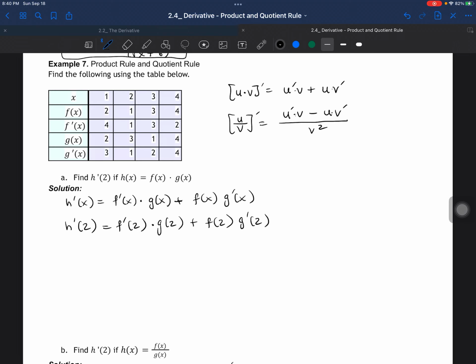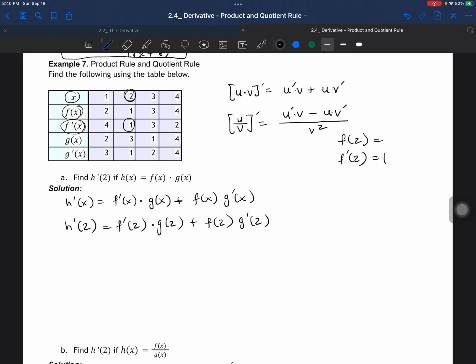So what we need to do here is go back to the table they gave us, and try to figure out what is f prime of 2. According to this, when x equals 2, the output of f prime is 1. So that's 1. What about for f of 2?